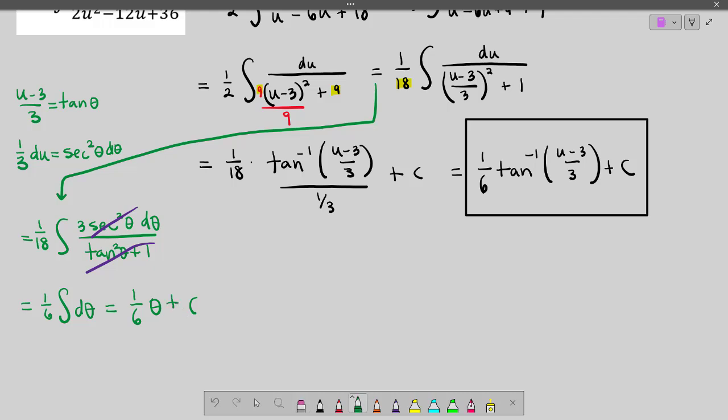And to solve for theta, we come up there and we see that theta is equal to inverse tangent of the other side. So we get inverse tangent of u minus 3 divided by 3 plus c. And those, of course, are the same.